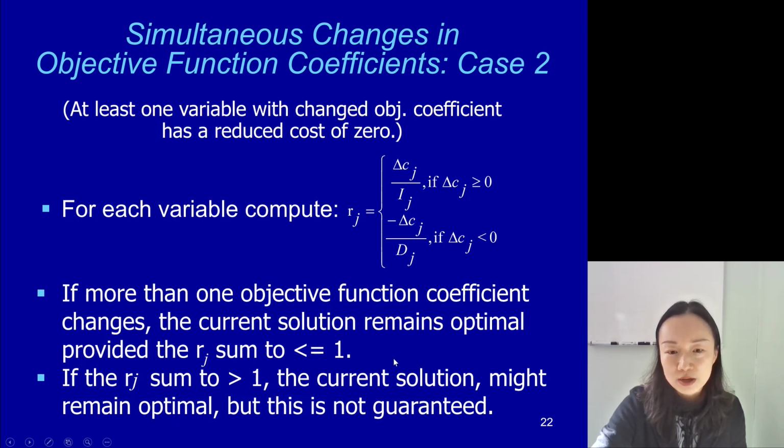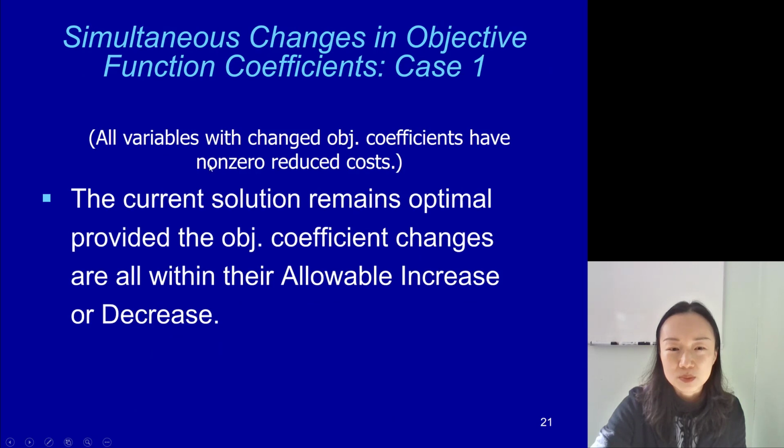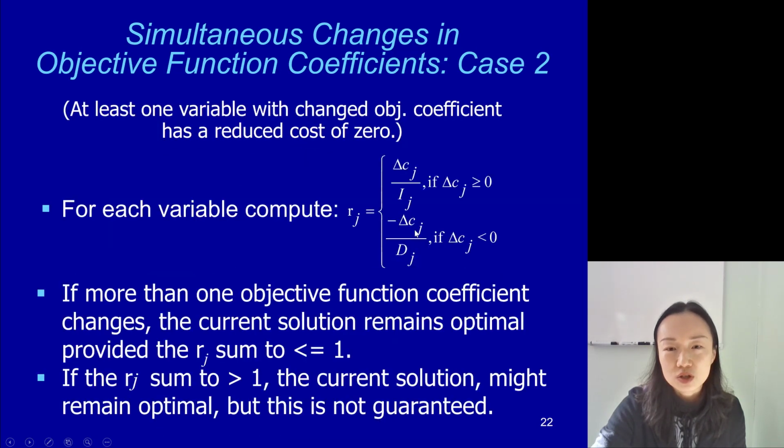The only thing we know is that if the sum of the change as a percentage of the allowable increase or decrease is less than or equal to 1, then we can conclude that our current solution will remain optimal. And you see, this method applies to both cases. So if you don't remember specifically what the rule is, then just use this 100% rule to calculate. So this concludes the part on the sensitivity analysis to the objective function coefficient changes.